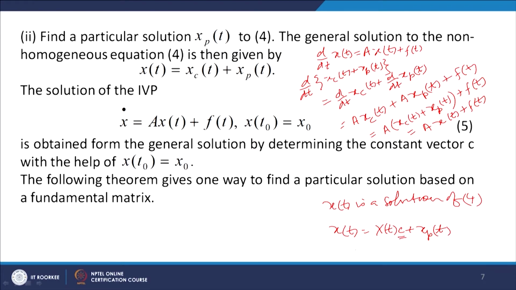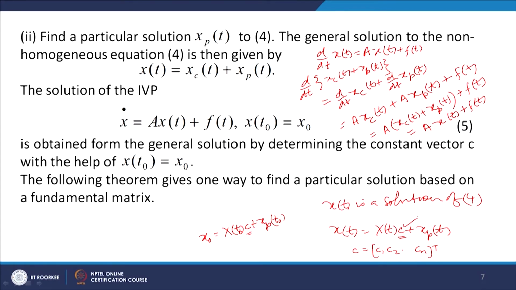This constant vector c, which we have taken as c 1, c 2, c n, is calculated by using the value of x t at t equal to t naught. When you put t equal to t naught here, we get x naught equal to X t naught into c plus x p t naught. So, this c is calculated from here, and then we put the value of c in this solution x t equal to X t into c plus x p t to arrive at a particular solution of the initial value problem.